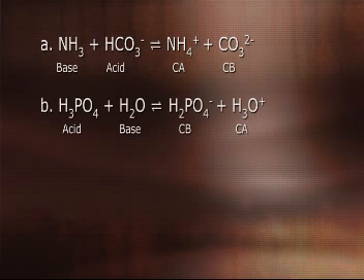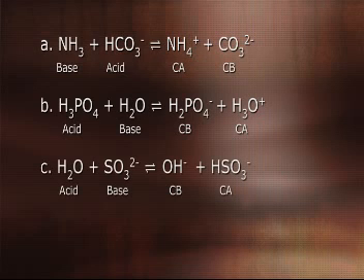In reaction B, phosphoric acid is the acid and dihydrogen phosphate minus is its conjugate base. In reaction C, sulfite ion is the base and hydrogen sulfite minus is its conjugate acid.